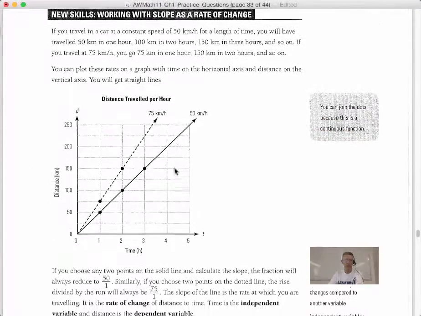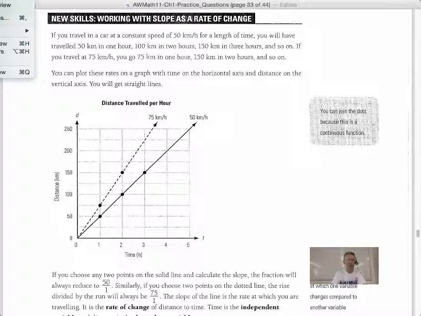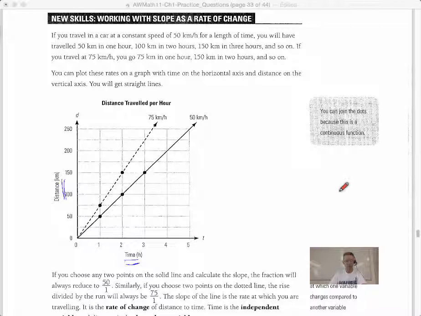Now here's what I was talking about as far as rate of change goes. It's usually something that's changing, in this case distance, over an amount of time. So traveling in a car at a constant speed of 50 kilometers per hour for a length of time, you will have traveled 50 kilometers in 1 hour, or 100 kilometers in 2 hours, and so on.